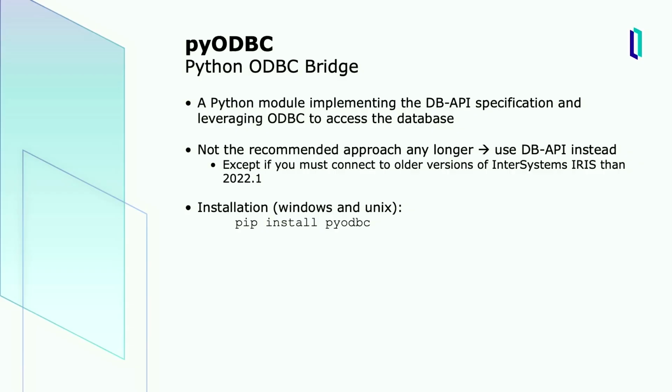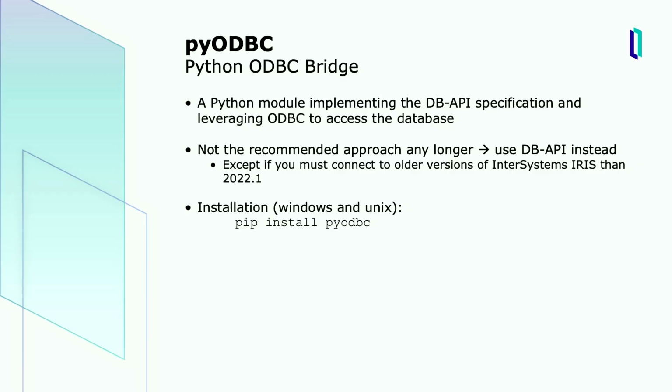We've been supporting this for a pretty long time, and if you're starting today, I will always recommend you to not use PyODBC, but to use DB API. This is what the majority of the Python world is running on today. If you're leveraging other libraries, they will always be asking for a DB API compliant implementation, so use the DB API driver.